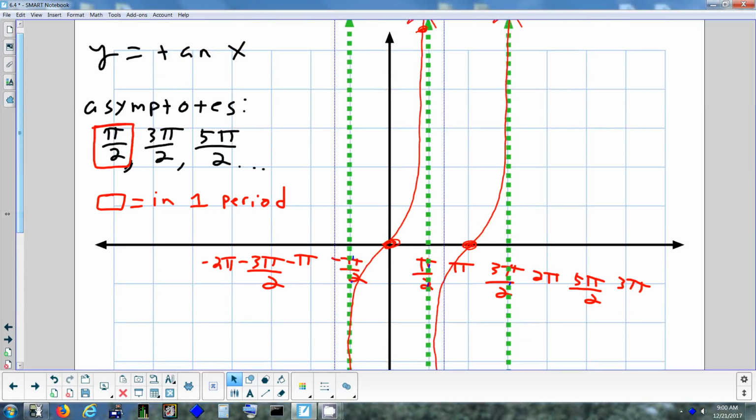So if I say that these 2 asymptotes are in the same period, then the problem is, if you look at the next cycle, this asymptote doesn't belong to it, because we already said it belongs to the one before it. So now there's only 1 in the next cycle. So really, there's only 1 asymptote per period.